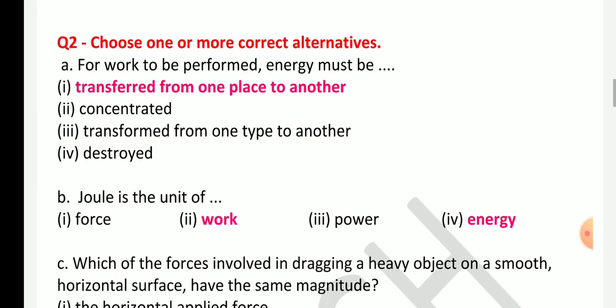Let us begin with question number 2. Choose one or more correct alternatives. You have to choose one or more than one correct alternatives for the following. First one. For work to be performed, energy must be dash. Options are: first, transferred from one place to another; second, concentrated; third, transformed from one type to another; fourth, destroyed.